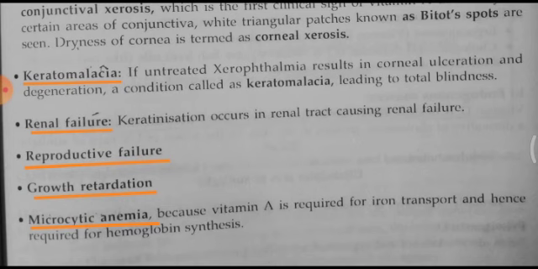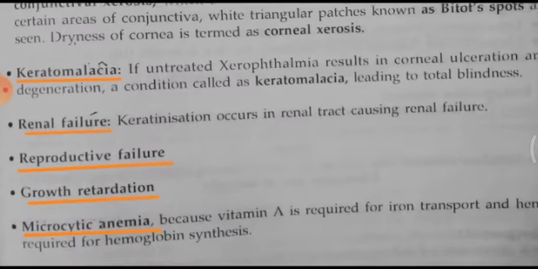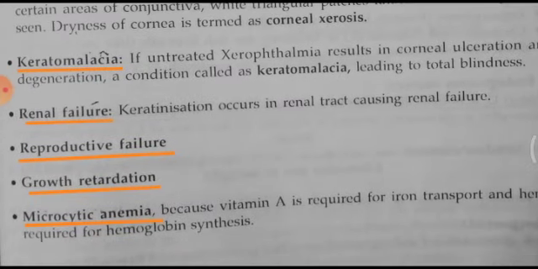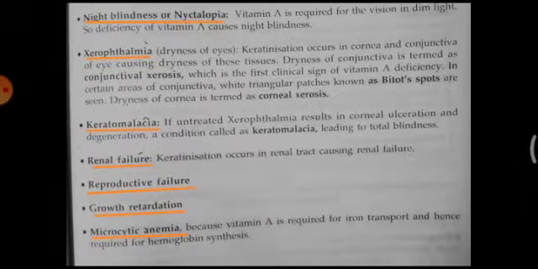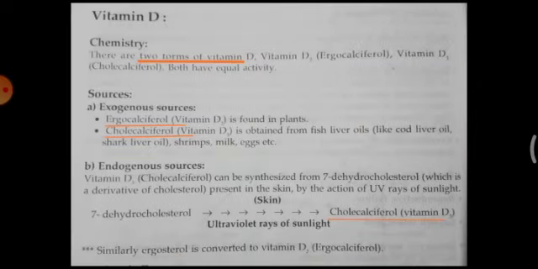If vitamin A is less, iron is transported in less quantity, and hence it causes anemia. Micro means small, cytic means cell, anemia means fewer RBCs. So small-sized RBCs and also fewer RBCs in the blood.